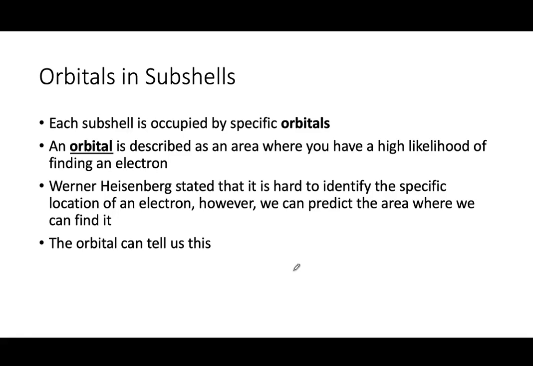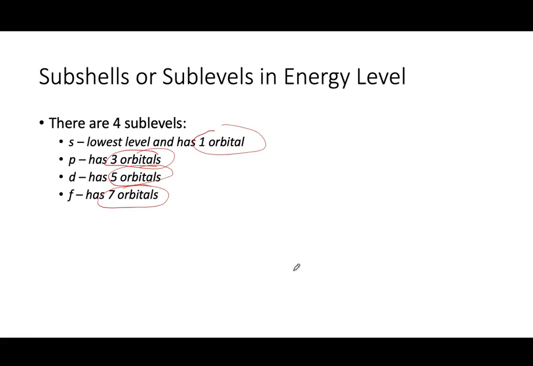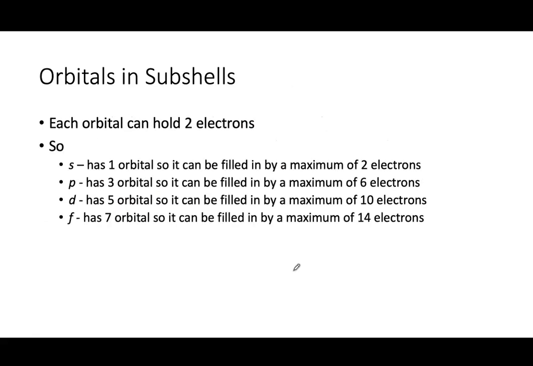So when I say that S has 1 orbital, that means for the electrons in that lowest level, I have a prediction of where I can find them. I can't pinpoint the specific location, but I can pinpoint the possible area. Each orbital can handle a maximum of 2 electrons. So the S sublevel can handle a maximum of 2 electrons.